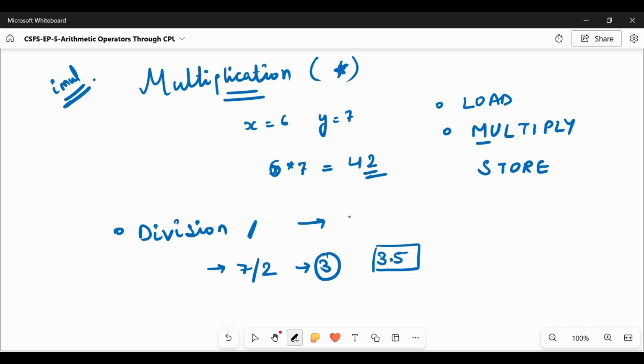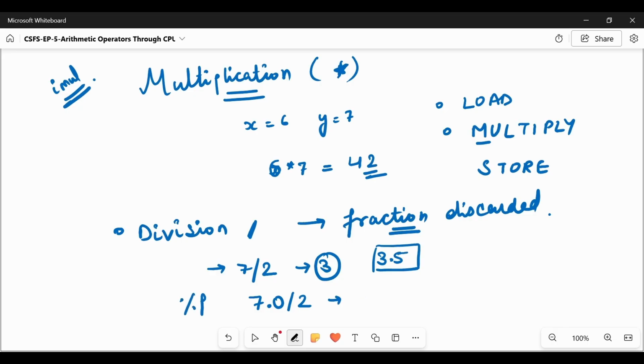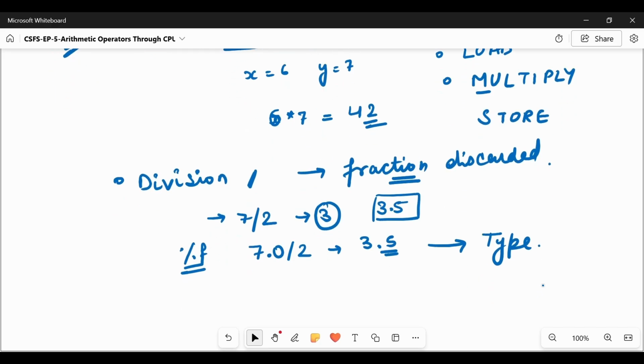So we should be very careful. When we need the remainder, we need modulus. And we have the float division where we can have the fraction values as well. When we are doing float division, that is 7.0 divided by 2, in that case we will get the value 3.5. So we should be very careful about type, because type is determining the operation.